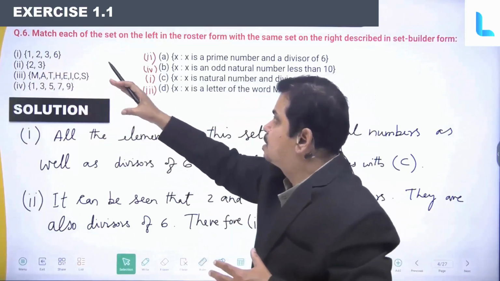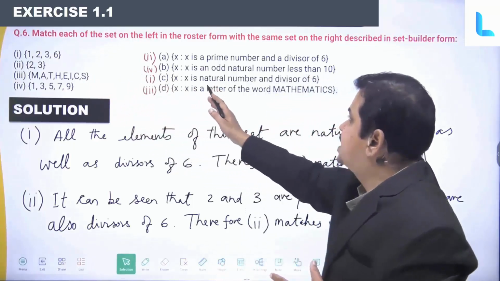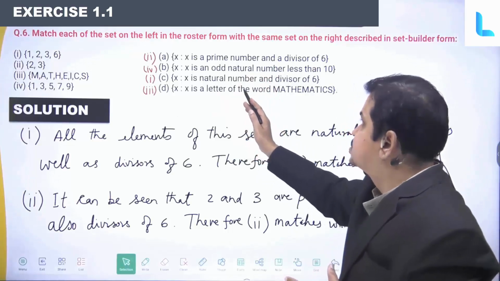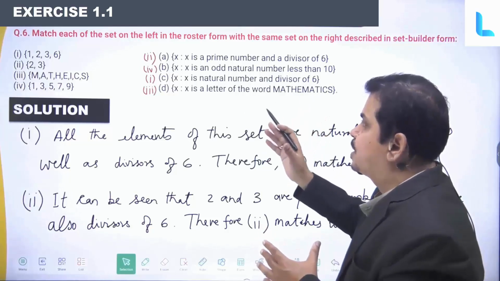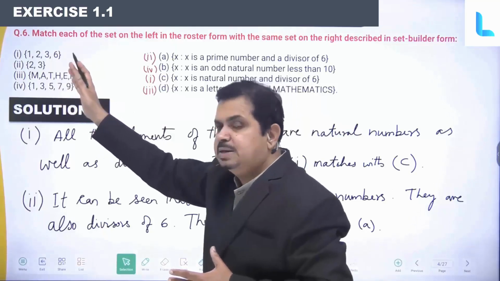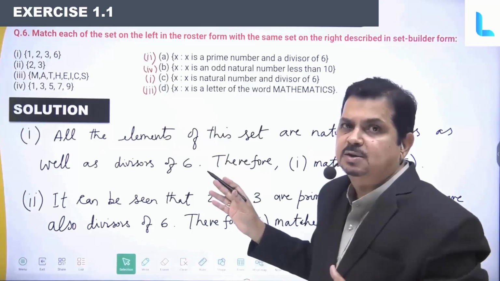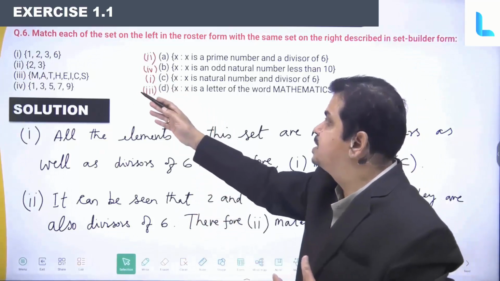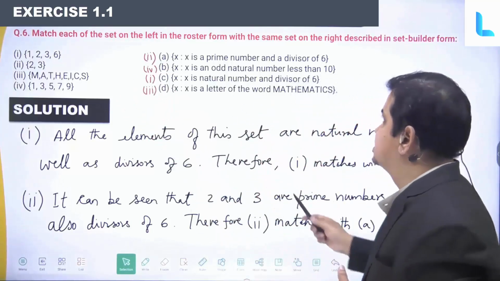Once you are aware of the elements, you try to match it in column D on the right hand side, which is described in the set builder form. Like that you can match each and every item given on the left hand side with the same set on the right hand side. Follow the same rule so that you will be able to match all the elements in both the columns, which are the same sets.